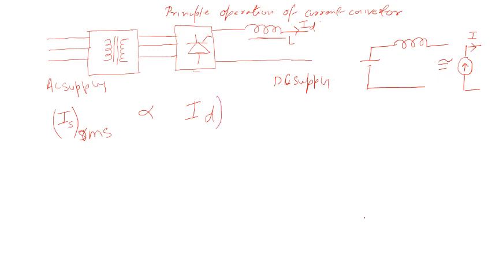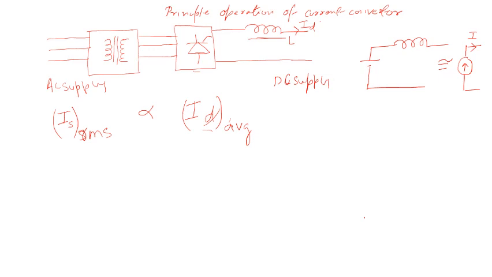Okay, so your DC current will have an average value, and your AC supply will have an RMS value. So if you change the supply current, your DC current will change because of this Id. Okay, so that's the advantage of your inductor.